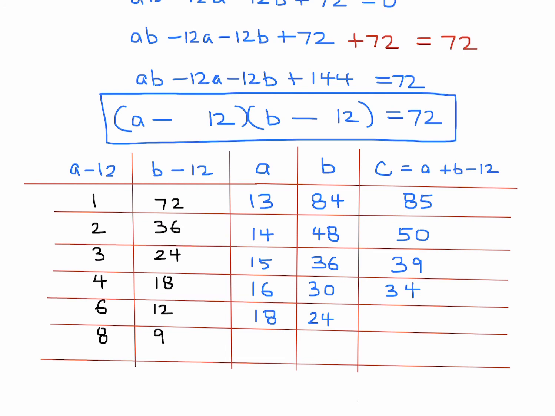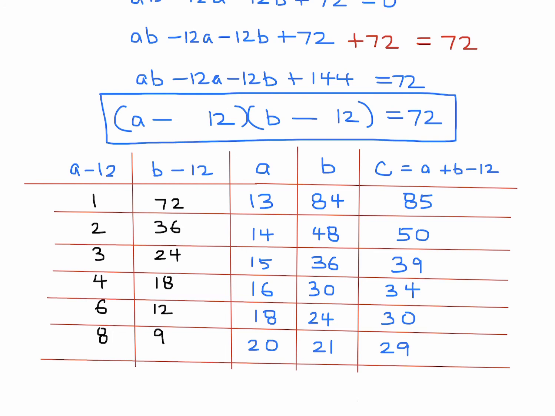And therefore, C will be 18 plus 24 minus 12, which is 30. And finally, A minus 12 is 8, so that means we have 20. B minus 12 is 9, so 21. And therefore, 29 will be the value for C.